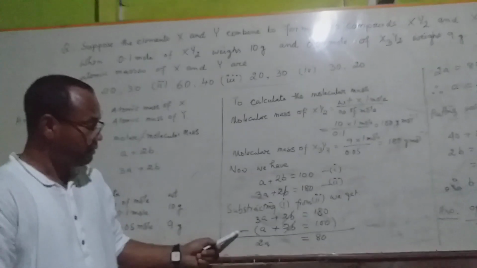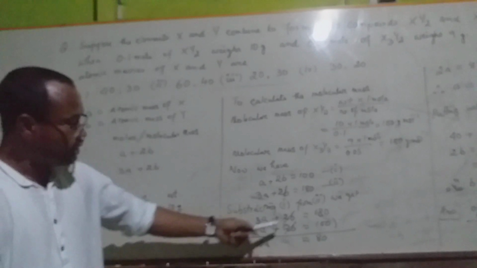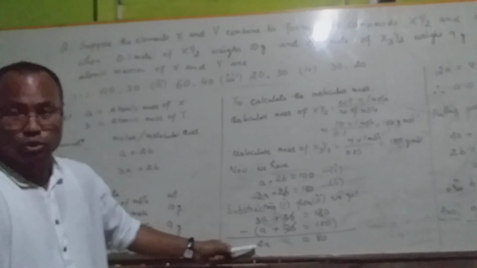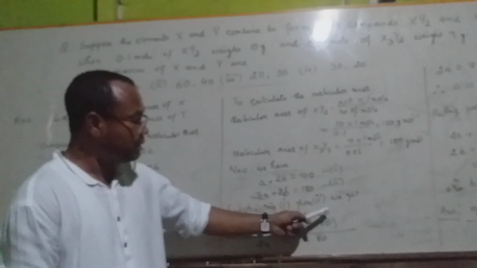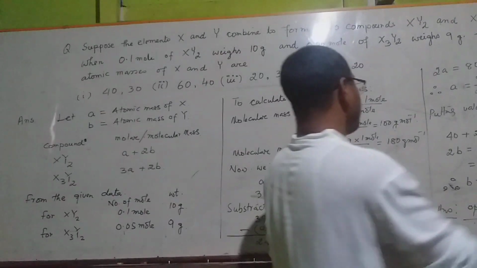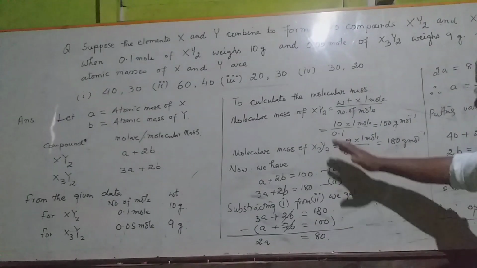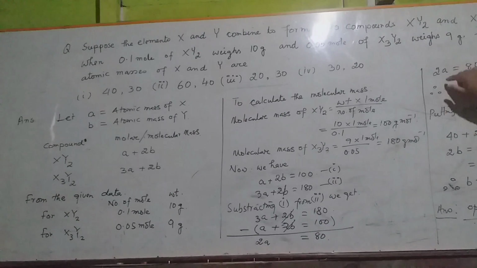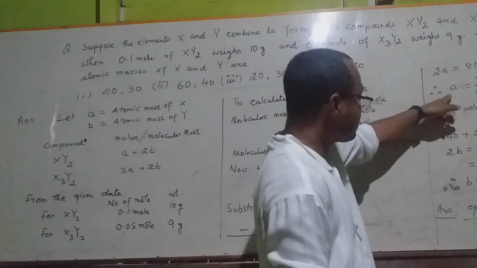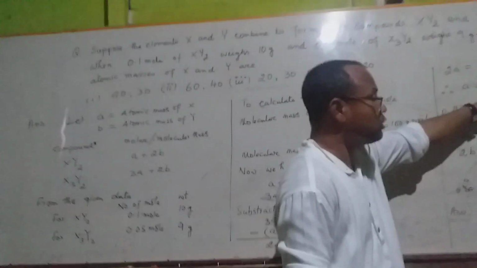The 2B cancels. 3A minus A is equal to 2A, and 180 minus 100 is equal to 80. So 2A is equal to 80, and A is equal to 80 divided by 2, which is 40.